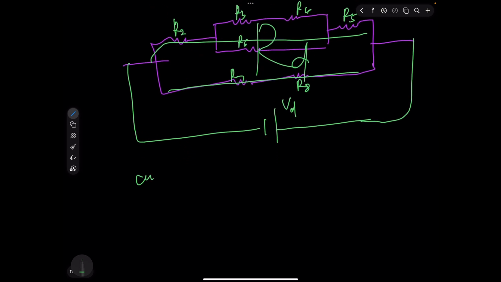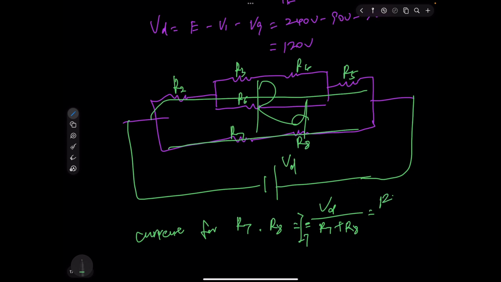So the current for R7 and R8, let's name it I7, will be VD divided by R7 plus R8.